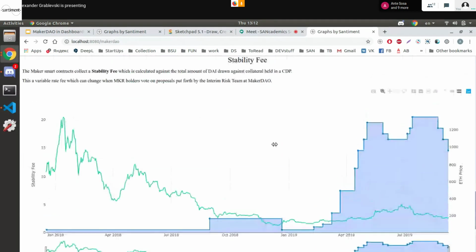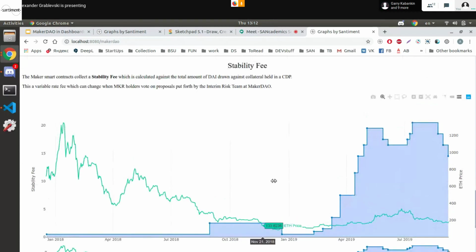And this last one is stability fee. That's the parameter set by the Maker community, and it's set by governance. Oh, actually, it's changed. Wow. Yeah, that's changed a few days ago. So currently it's 14.5%.